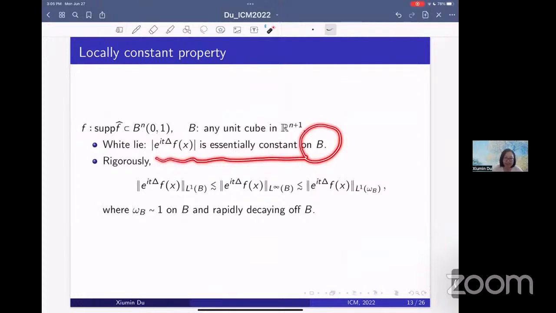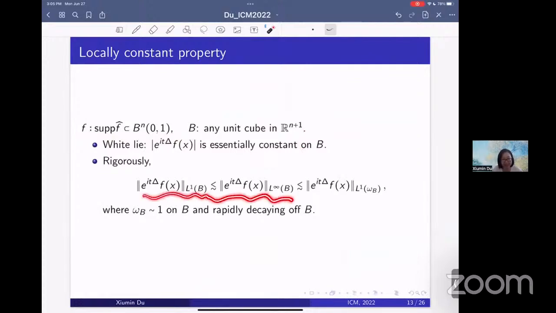More precisely, on this unit cube B, this L1 norm here is bounded above by its L infinity norm because the volume of B is a constant. On the other hand, the L infinity norm is bounded by the L1 norm with respect to some weight adapted to B. This weight is approximately 1 on B and rapidly decaying off it.